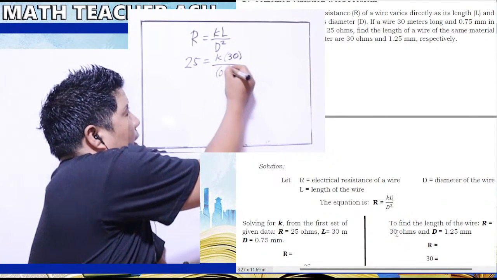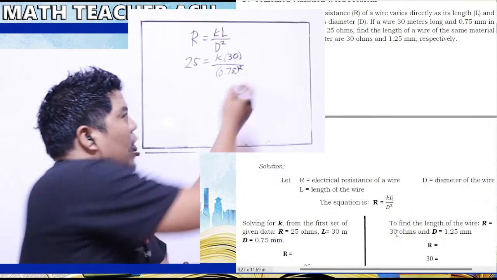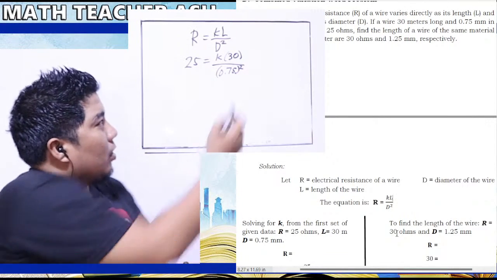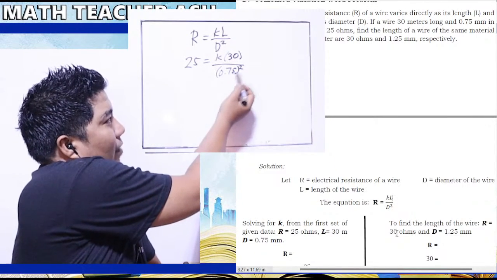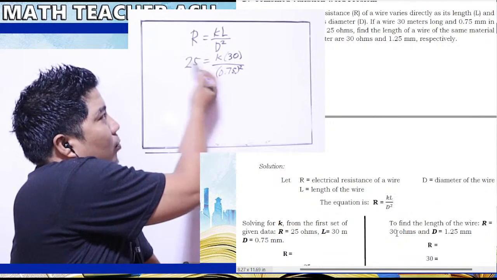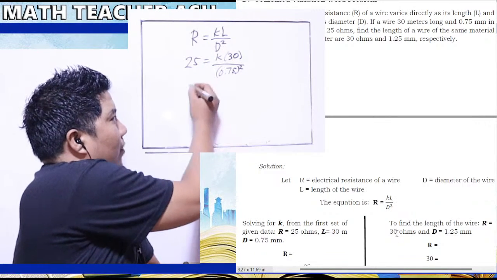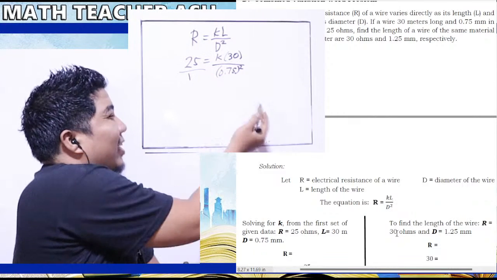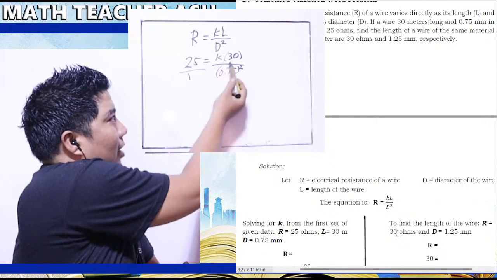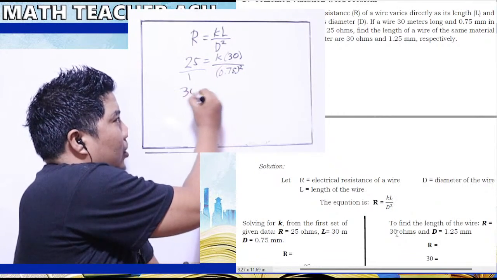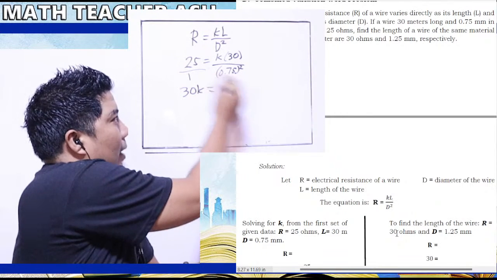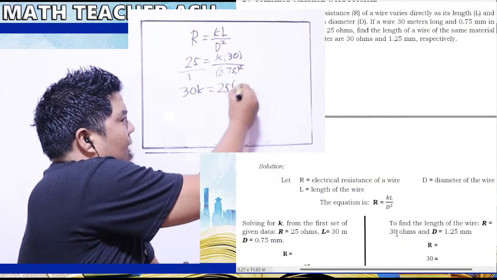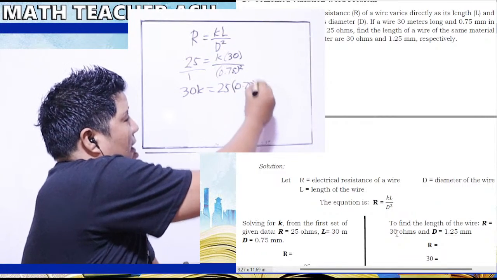So 0.75 squared. So what you can do here is you get the 0.75 times 0.75 and then you multiply it to your 25. So K and 30 here, may over 1 yan dyan, di ba? So K and 30, that is 30K times 1.